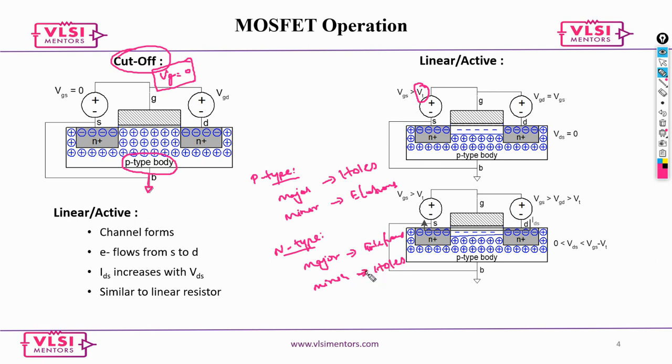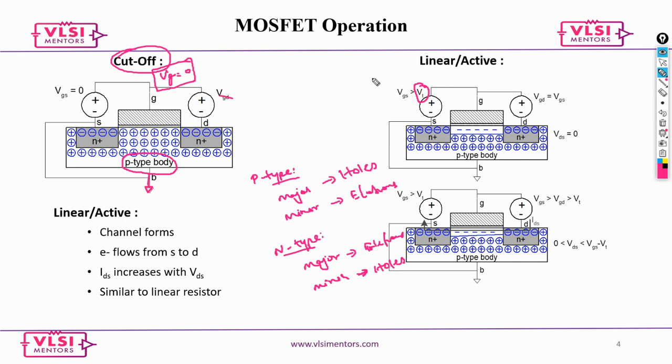Now you see here, all of them are holes, so it is p-type and you see only holes. This is how it looks in case of cutoff.